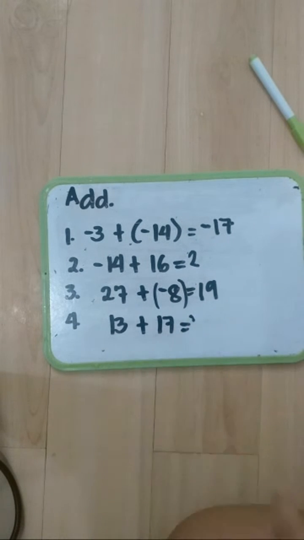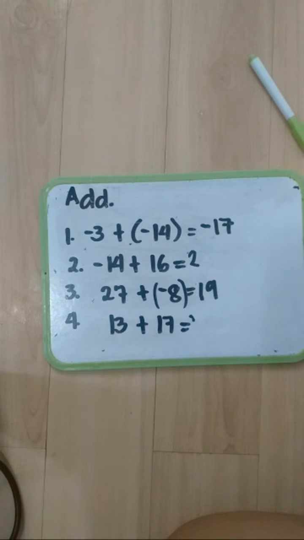13 plus 17, what's the answer? Number 4. What's the answer? 13 plus 17.